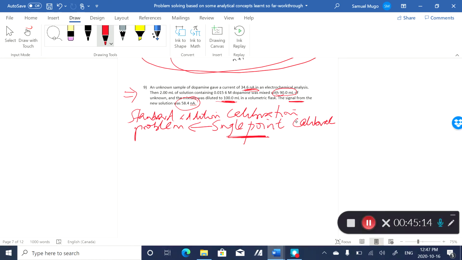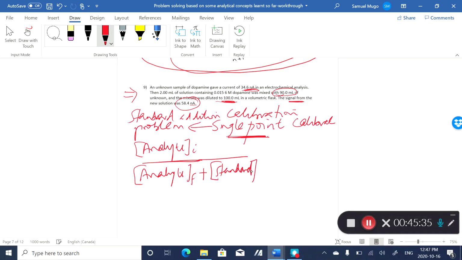All right, so remember the standard addition relationship. The standard addition formula is equal to the analyte initial divided by the analyte final after dilution. And of course, you've spiked it already with the standard and you've diluted it, so it's final. And you're getting the signal. Maybe I'll just call it intensity or signal initially.